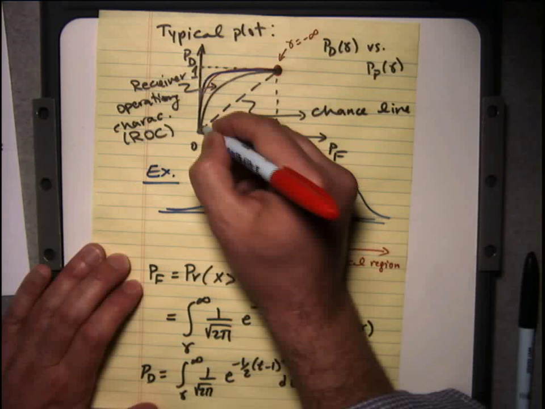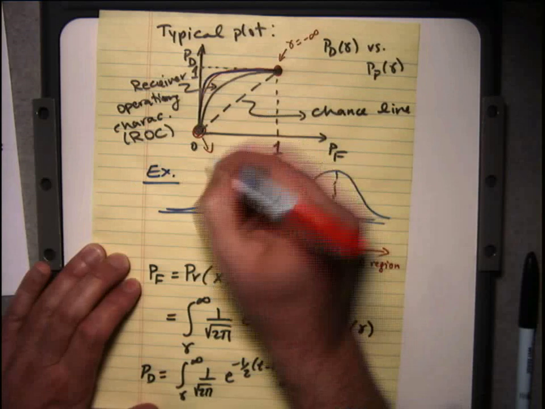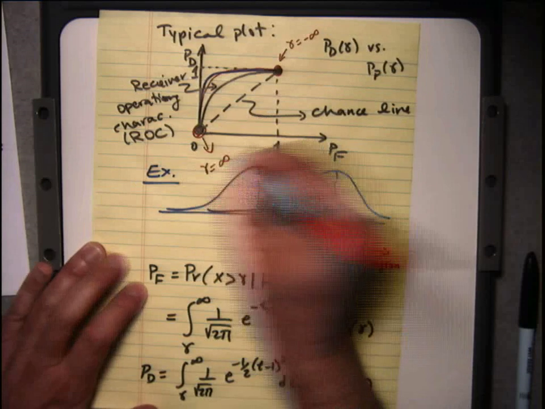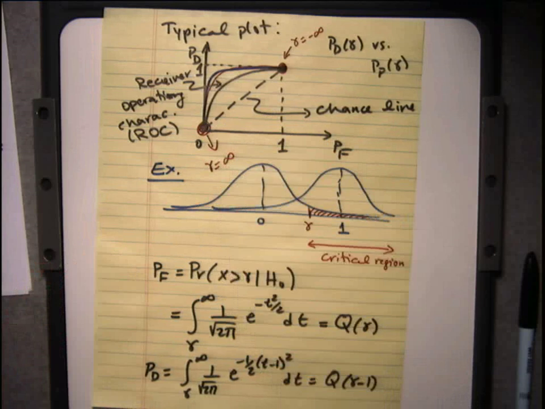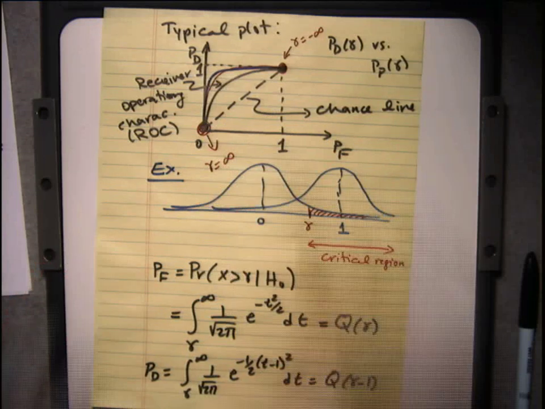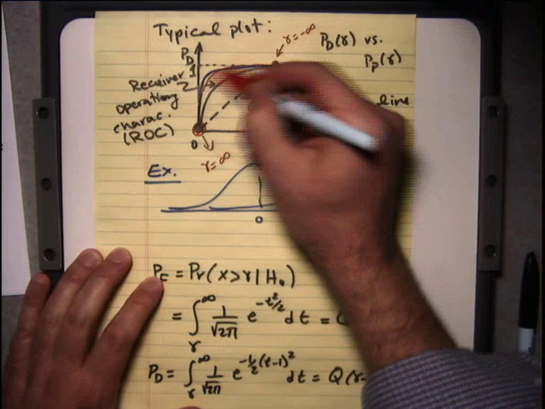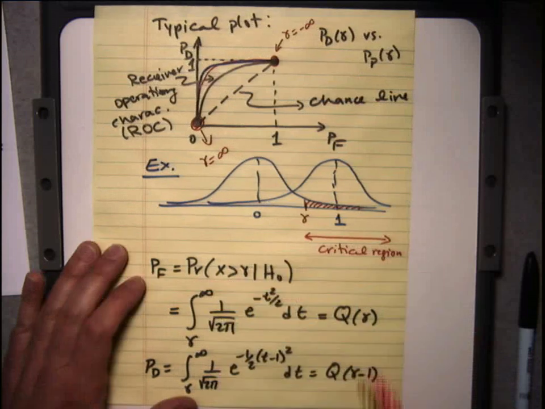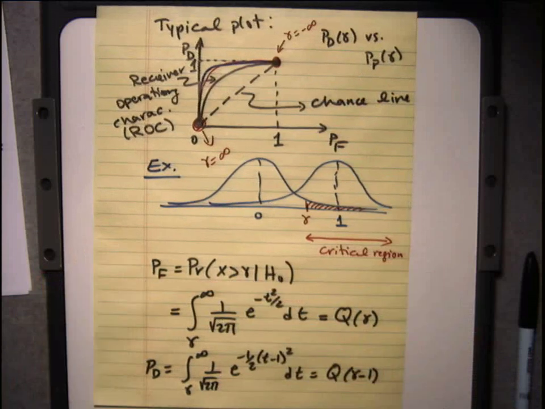You end up here. This is gamma infinity. In other words, this curve is parameterized by the values of gamma. As you step the values of gamma up or down, you move along this curve. And that's also a very important thing to know.